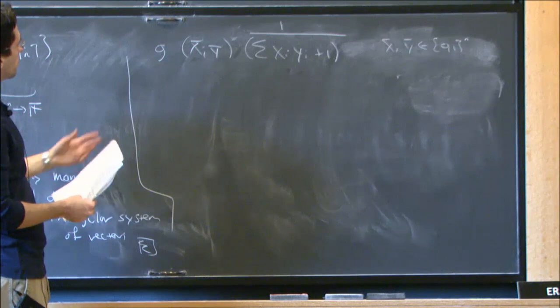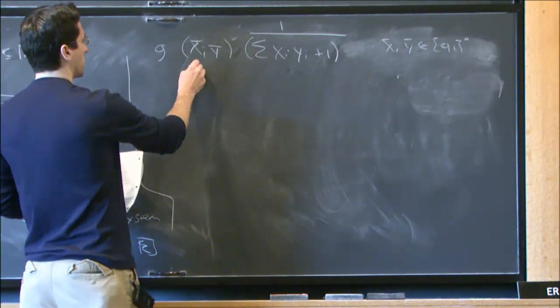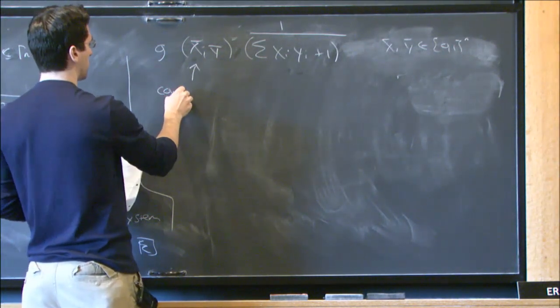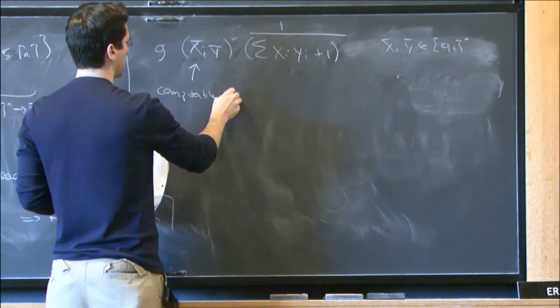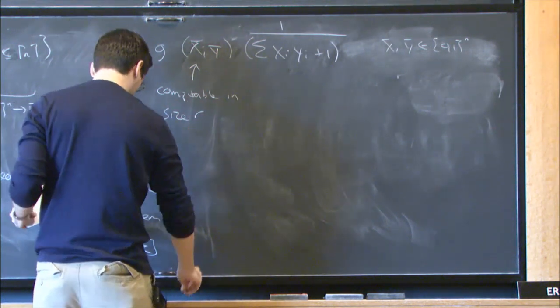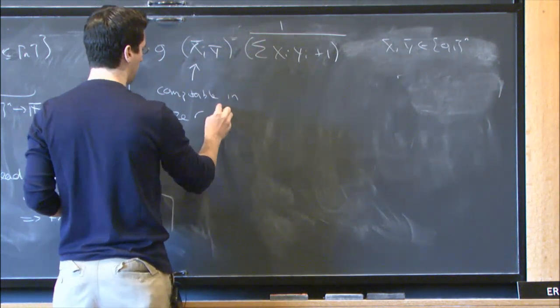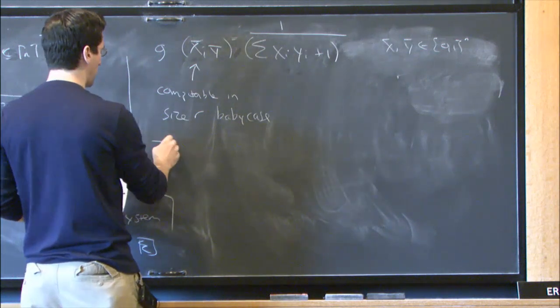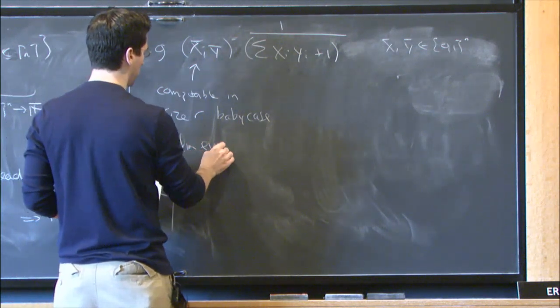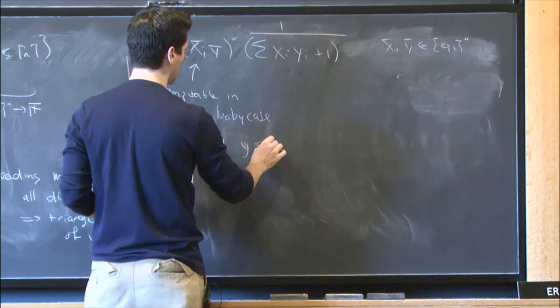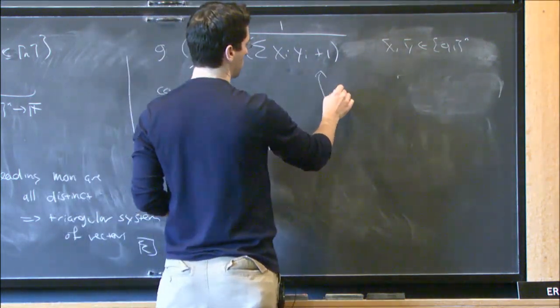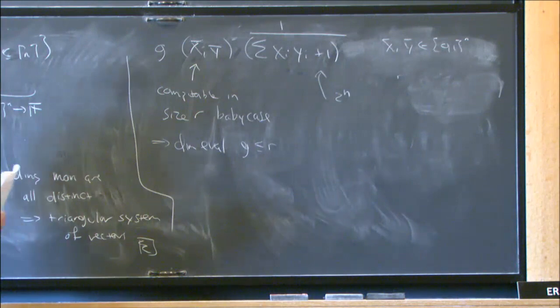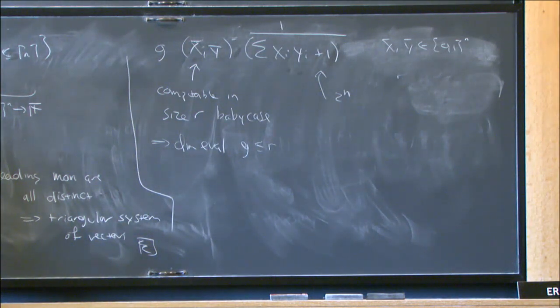And we're assuming that G here is computable in, say, size R in the baby case, which implies that the evaluation dimension of G is at most R. And this is at least 2 to the n. So it's computable in the dimensions. OK, yeah. All right, thanks.